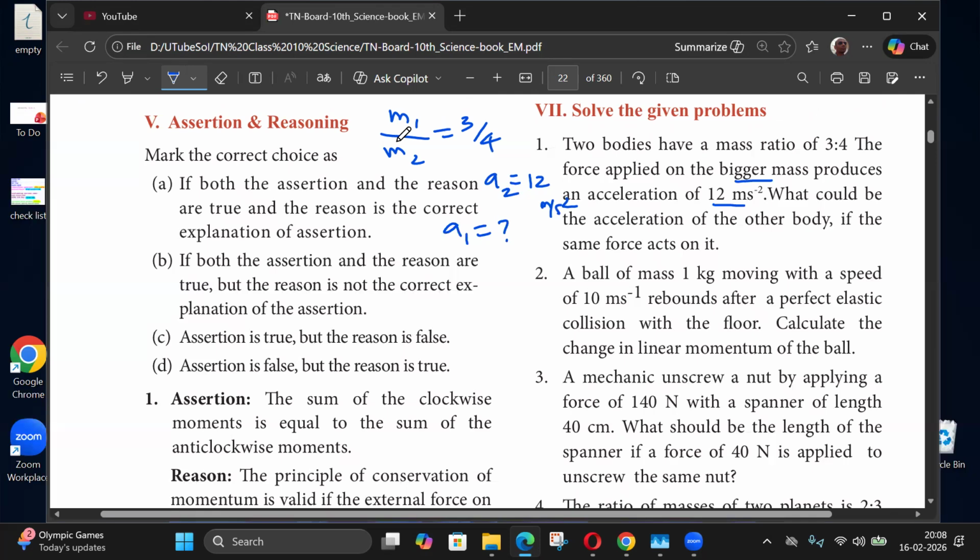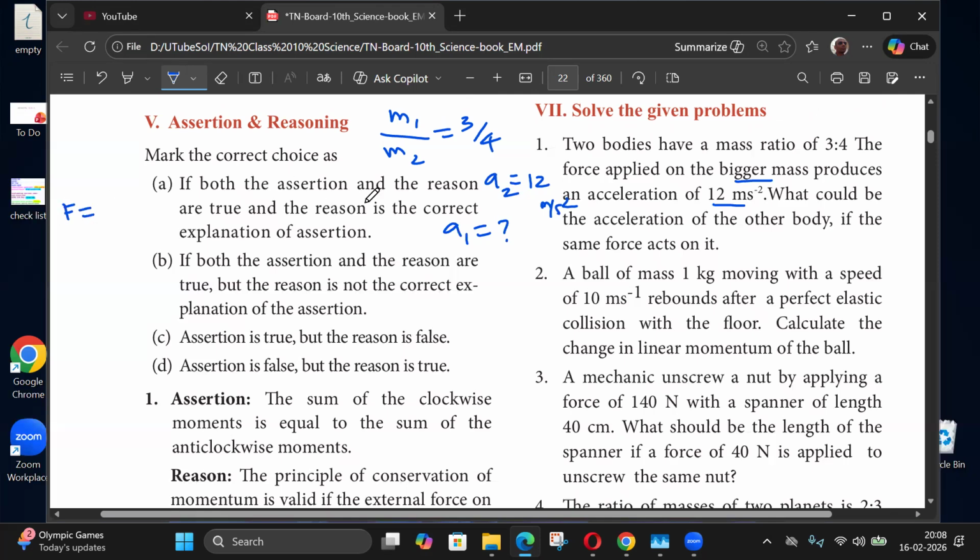What is the answer? One second, sir. Sir, the answer for A1 is 16, sir.